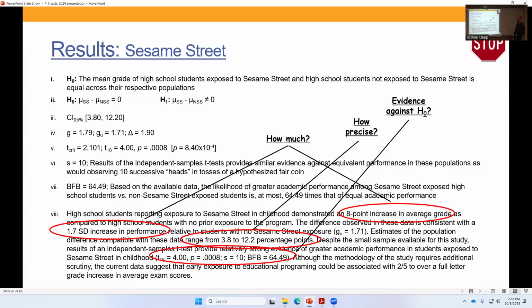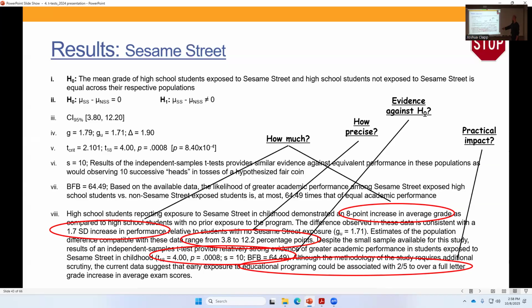Where did I get this piece of things? Where did I get 2/5 to over a full letter grade increase in average scores? Yeah, the confidence interval, right? So my low bound here is about 4 points, which is about 2/5 of a letter grade.